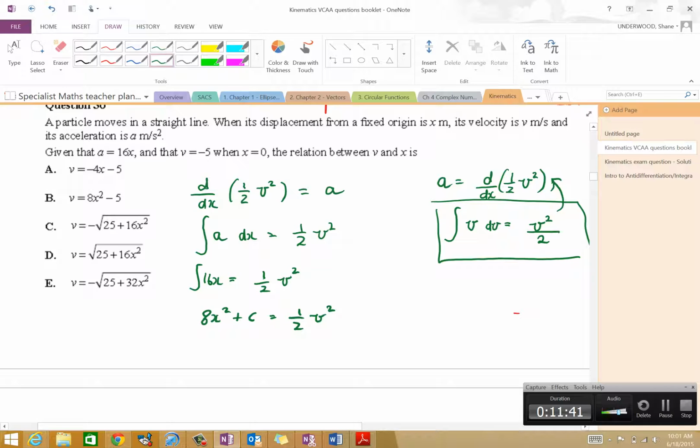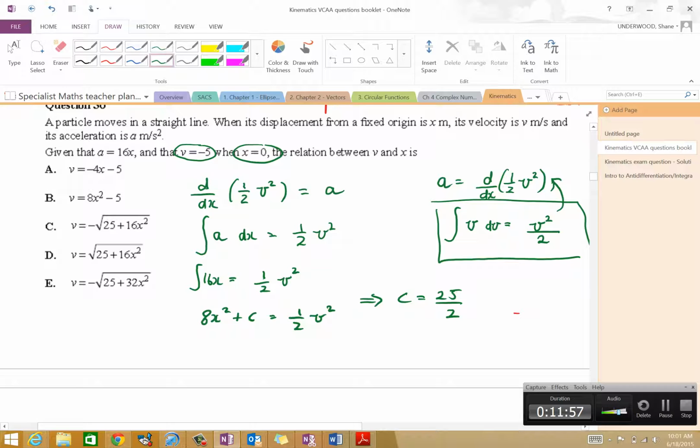We do have a constant, but when v is equal to minus 5, x is equal to 0, so that's going to imply, I'm just going to skip a step, c is equal to 25 on 2.